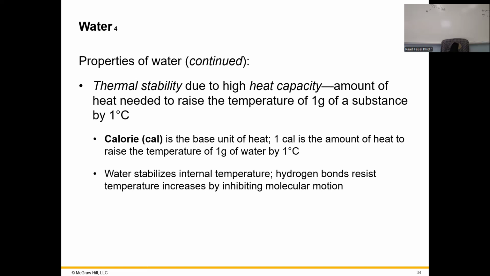And what's the third one? When you say it has specific heat capacity, it has a high specific heat capacity. And then the third one is it participates in chemical reactions, like through hydrolysis and dehydration. Excellent. Good job.